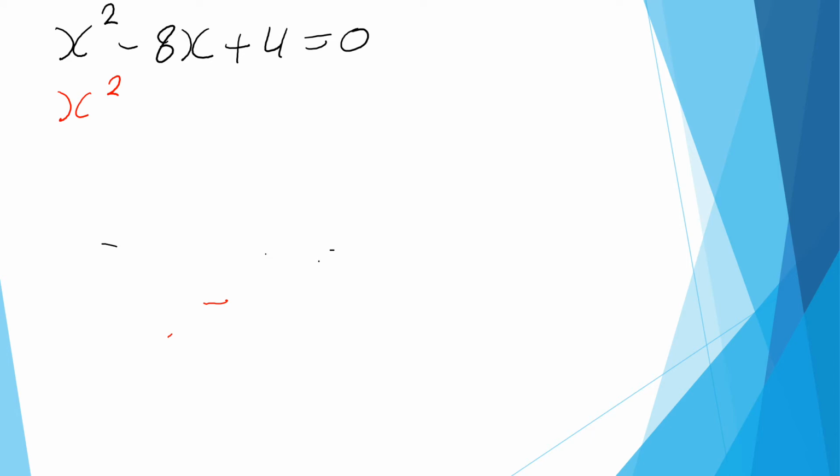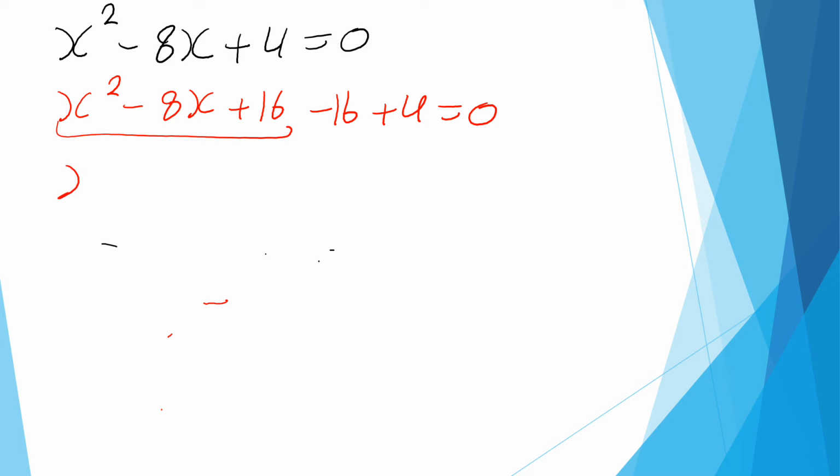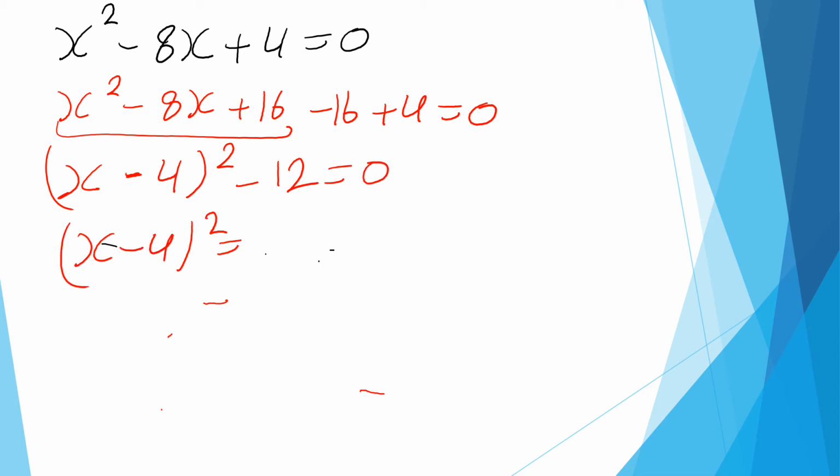So I've got x squared minus 8x plus 16 minus 16 plus 4 equals 0. And then taking those three would be minus 4 this time, because I need (x minus 4) whole square, and that's negative 16 plus 4 is negative 12 equals 0. So (x minus 4) all squared equals positive 12.